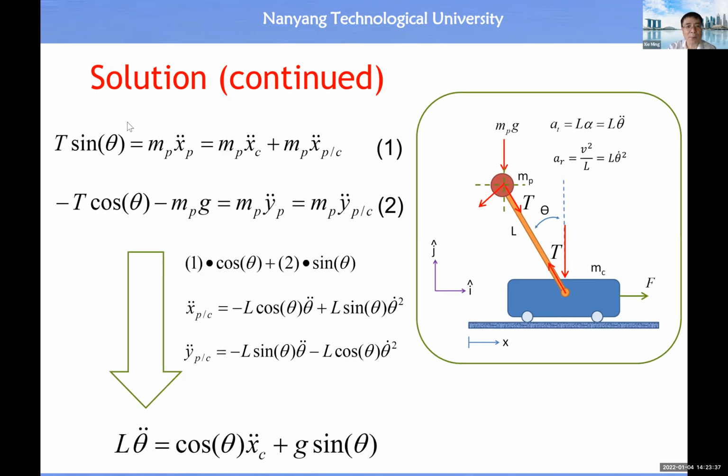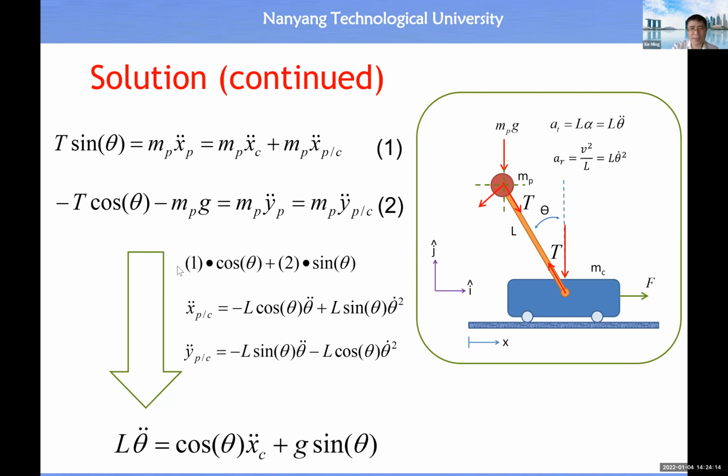So now we put them together, and also substitute xp double dot with xc double dot plus x double dot p with respect to the mobile base. Then yp double dot is equal to y double dot of p with respect to the mobile base, all right? So then we have two equations. Here we can substitute x double dot p over c with this result, and y double dot p over c with this result.